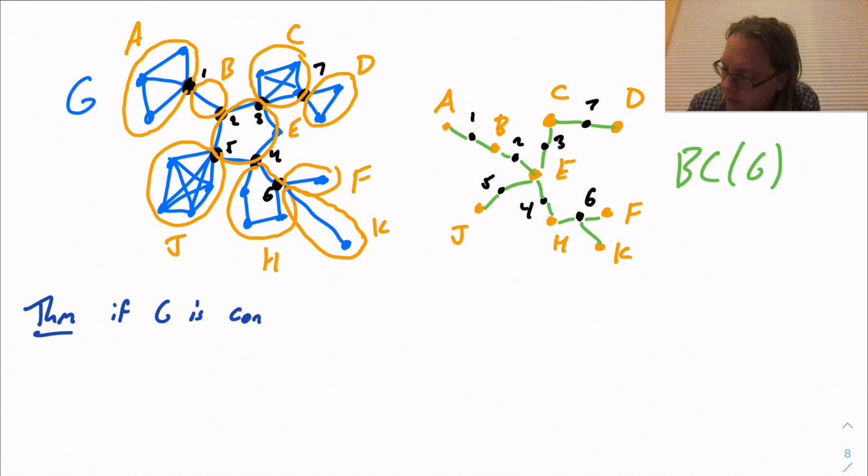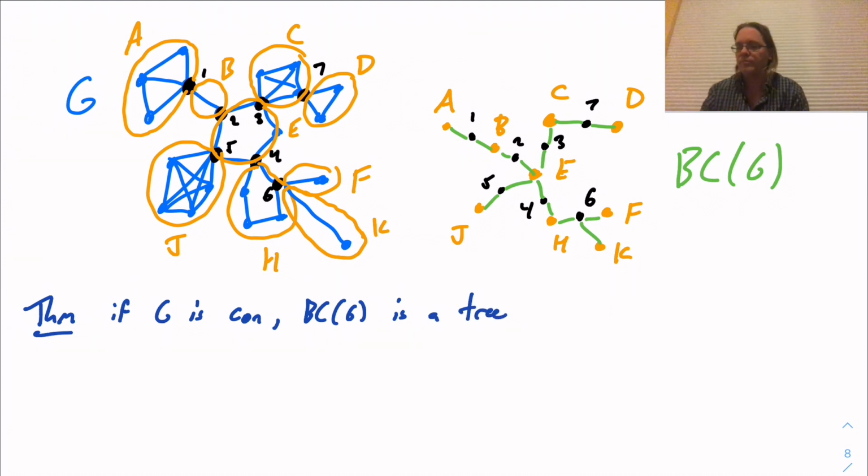So if G is connected, then BC of G is a tree. If I give you a connected graph, the block cut point graph is always going to be a tree. Now, the proof of this is really pretty quick.